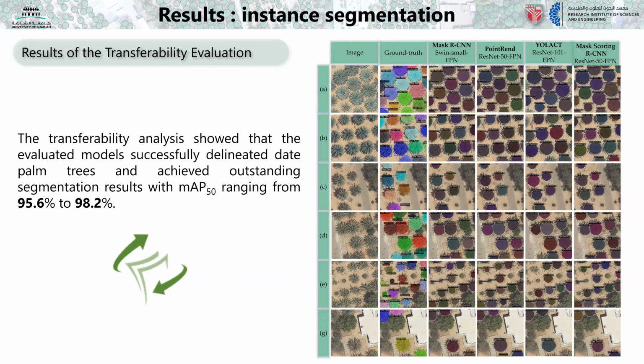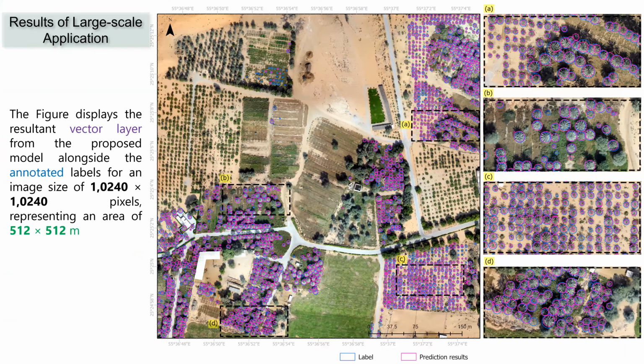So lastly, after the model is trained on the instance segmentation, here we have used the UAV dataset. In order to apply the model on a large dataset, we utilized the SAHI approach, dividing the image into 512 by 512 with 30% overlap and a confidence threshold of 0.4.